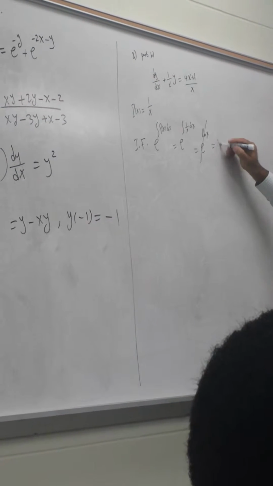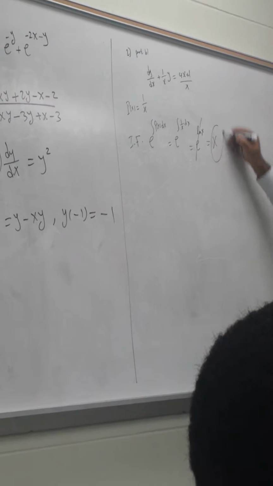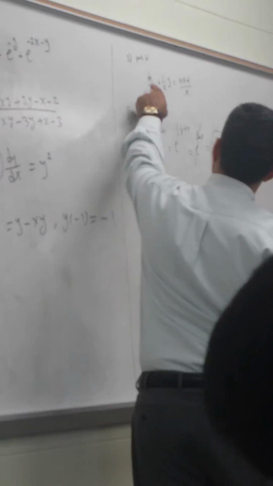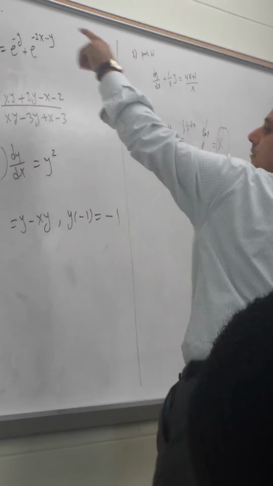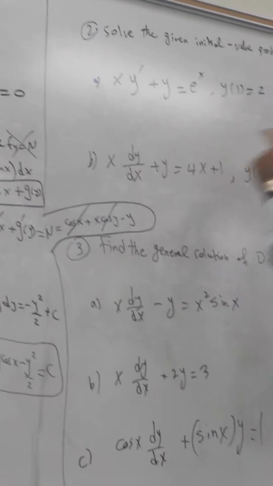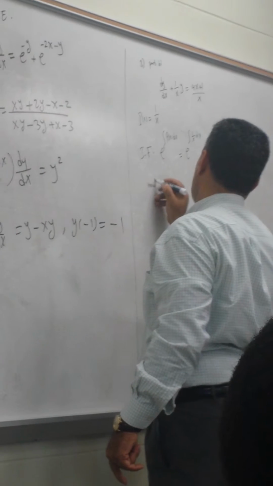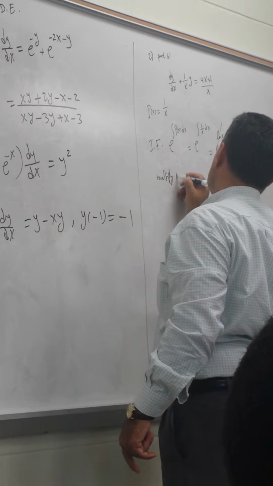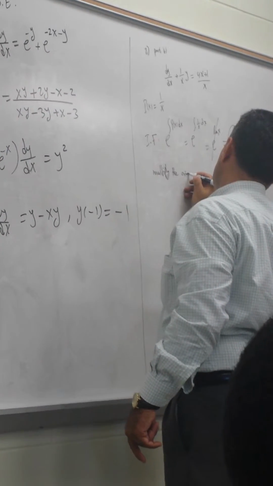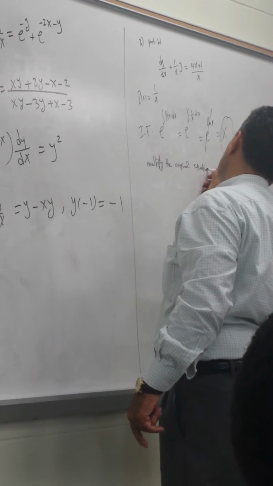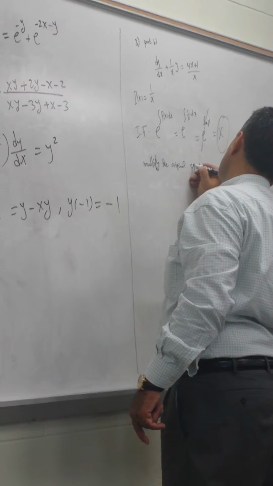So what do we do with this? We multiply the equation, the original equation, by the integrating factor. So you're going to multiply the original equation by x.